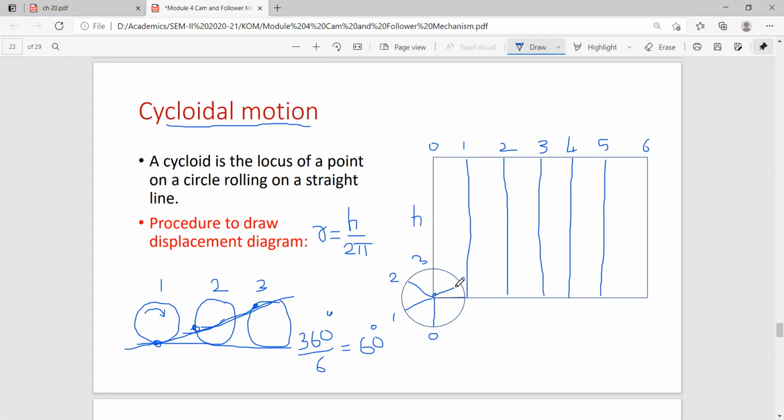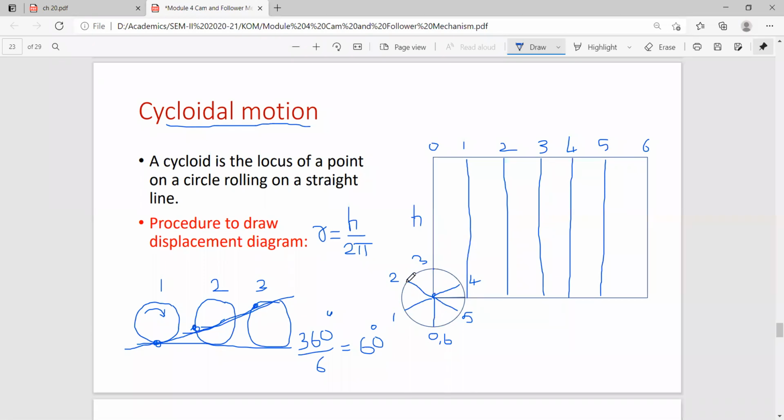So that is the 60 degree. This one is your 4. This point is 5. And it is your 6. Now these points 0, 1, 2, 3, 4, 5, 6 you have to project on the vertical diameter.